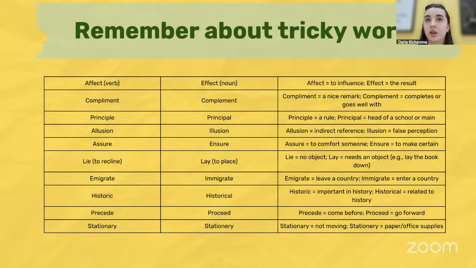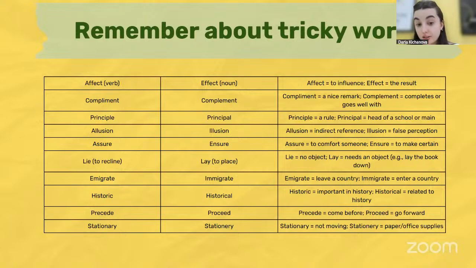For example, I don't know, this text had a lot of allusions to some historical events. Or an illusion, it is a false perception. So when we just live, for example, in our illusions, we live in our imaginary world.